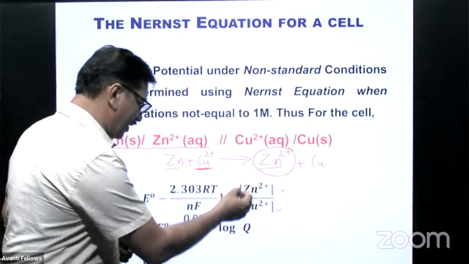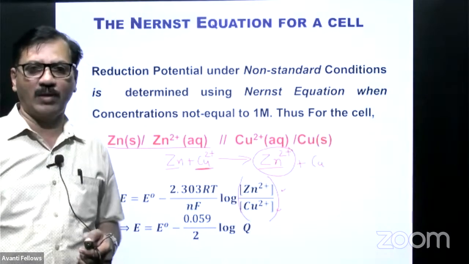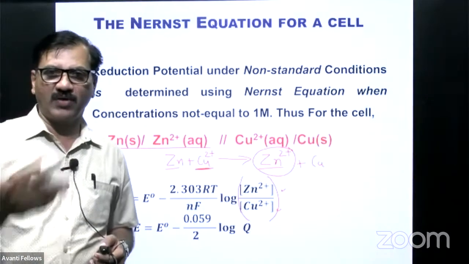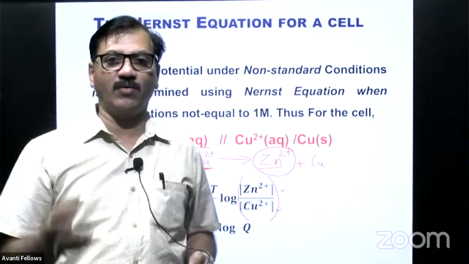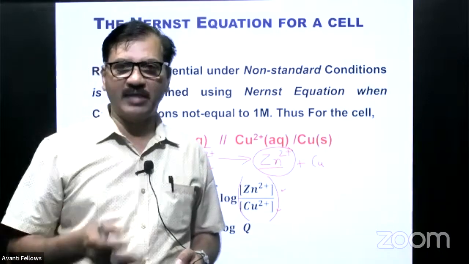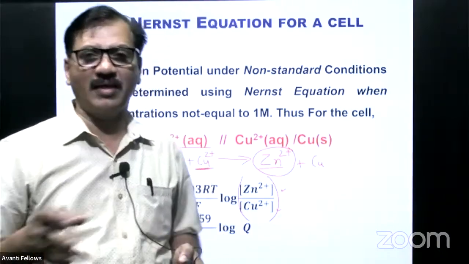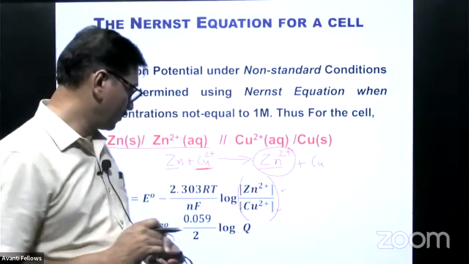Now these concentrations are measured before attaining equilibrium. If equilibrium is attained, there will be no change of concentration. You know that the equilibrium state is defined as the one in which the concentration won't change. Of course, it is dynamic, but the concentration won't change.